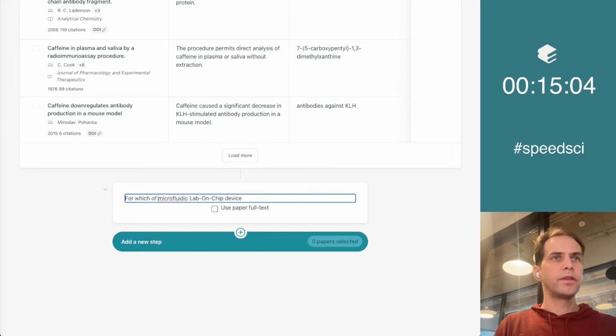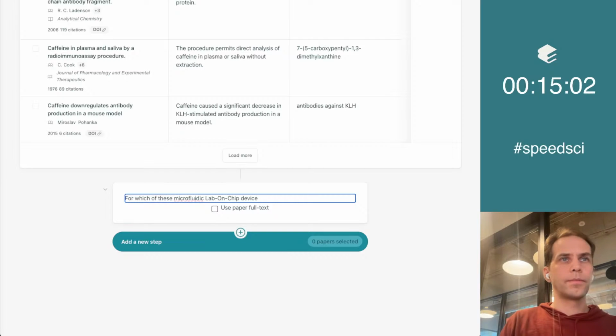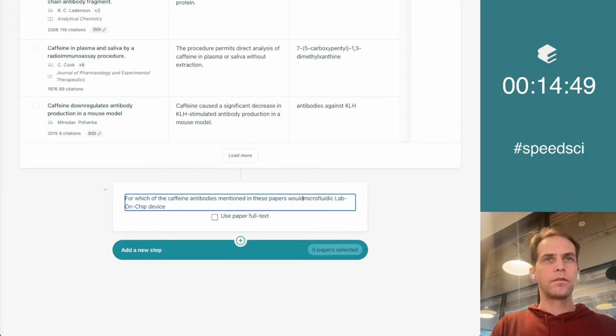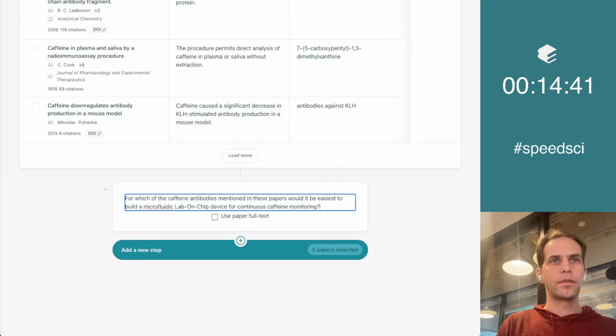For which of the caffeine antibodies mentioned in these papers would it be easiest to build a lab-on-chip device for continuous caffeine monitoring?